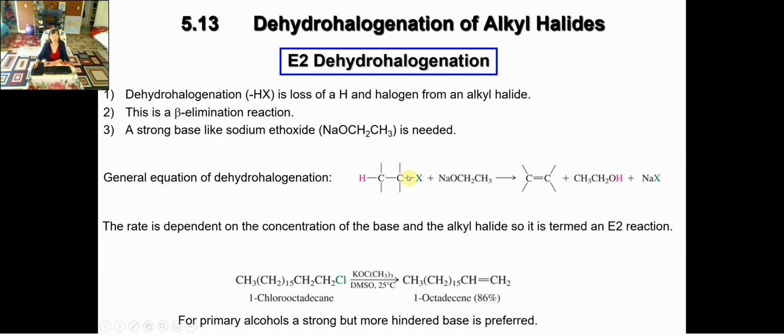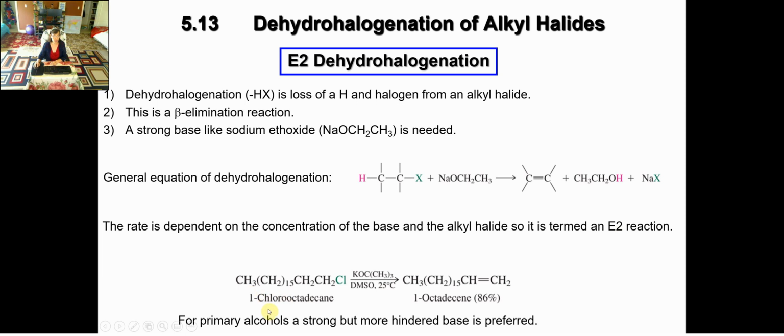Alpha carbon, beta carbon, your beta hydrogen and the halide will be removed. You produce NaCl and alkene. That's what happened. This chemical reaction has a reaction rate. The reaction rate depends on the concentration of your base and the alkyl halide. Therefore, the reaction is considered an E2 reaction.